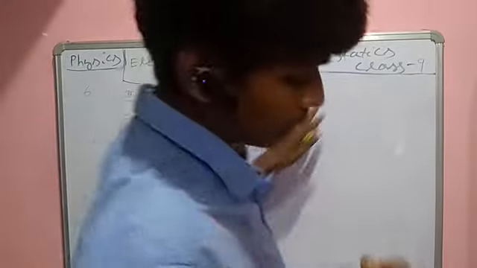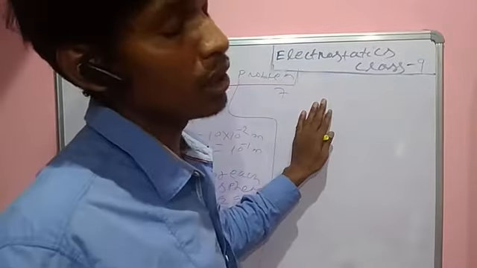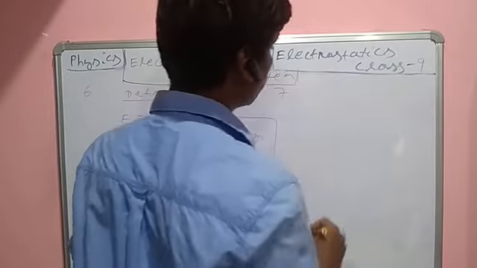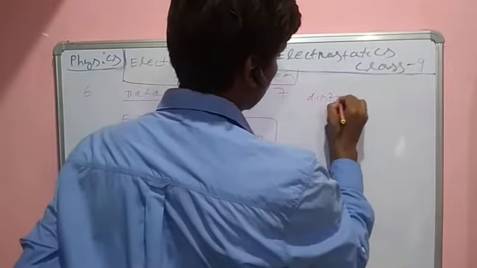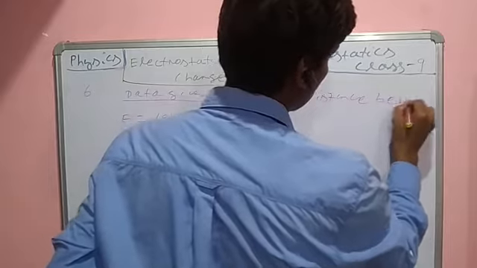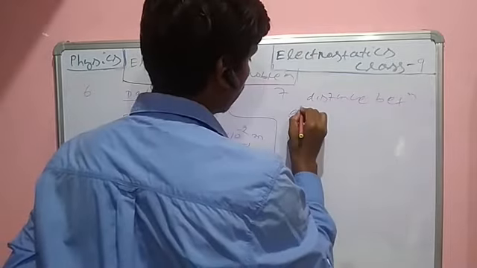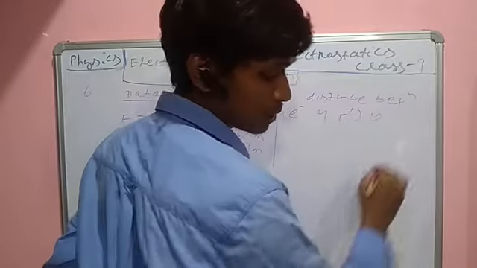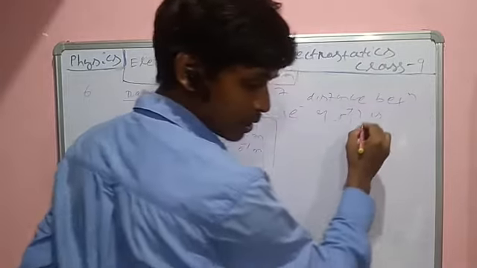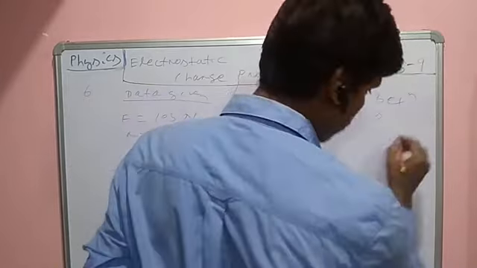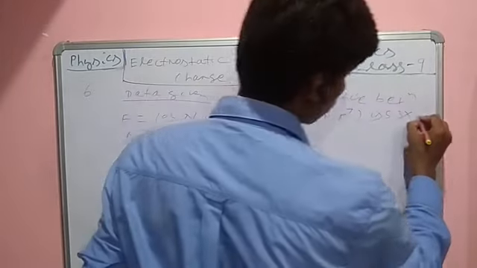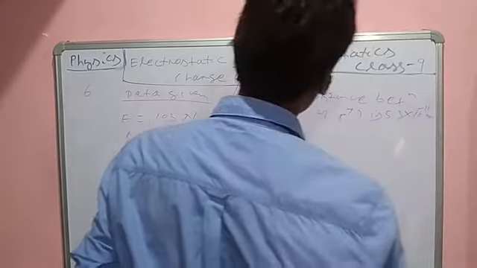Question number 7. The distance between electron and proton is given, which is 5.3 into 10 to the power minus 11 meter.